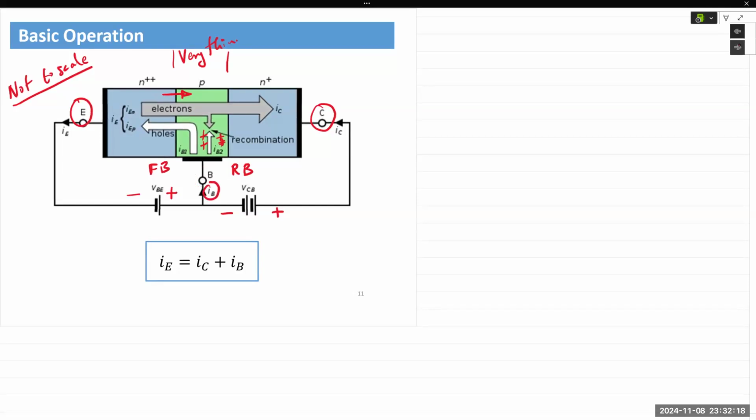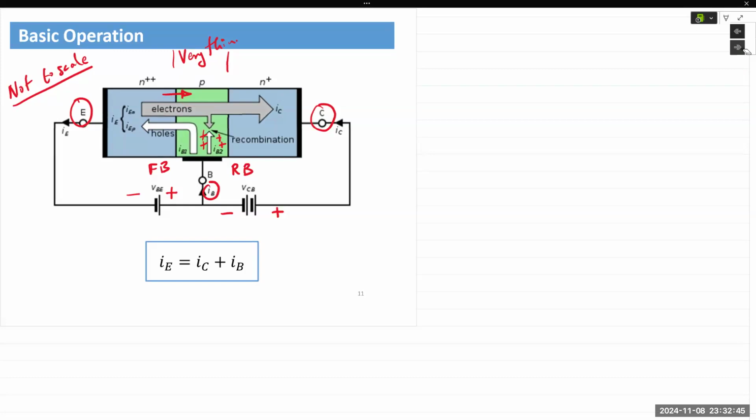It's a very small current, typically on the order of microamps. But a majority of the electrons are able to cross over and pass through the very thin P layer, which is the base layer. Now, this is ensured during the design and the manufacturing process.